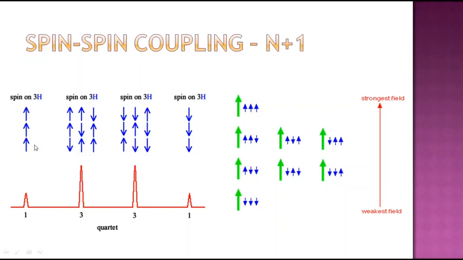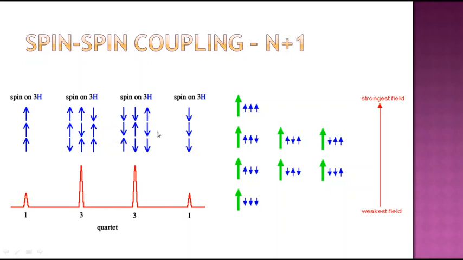What we call the probability density of the spin state depends on this. When there are 3 protons, there are different spin states, and the population is higher here. You can see here 3, but here it is 9 spin states.